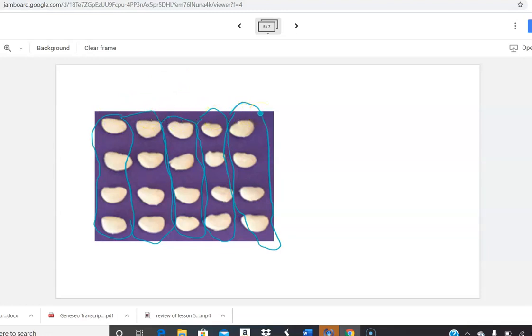So there are 5 columns, or 5 equal groups. How many are in one group? 1, 2, 3, 4. So we have 4 plus 4 plus 4 plus 4 plus 4.